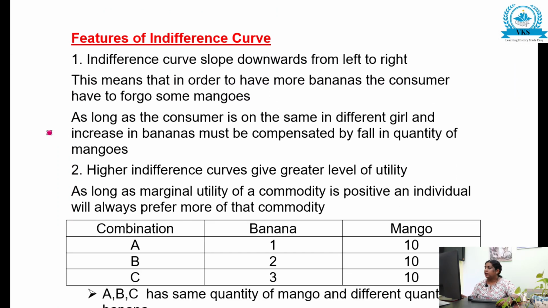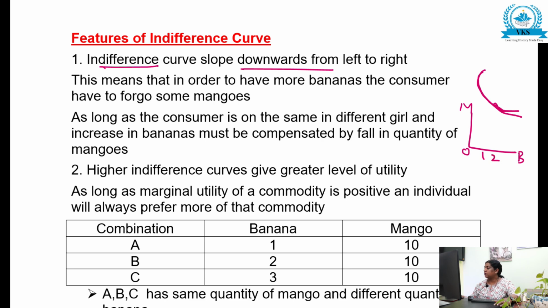First one is, the indifference curve slopes downwards from left to right. This means that in order to have more bananas, the consumer has to forego some mangoes. So for example, you have an indifference curve, here mangoes will be there and here bananas will be there.